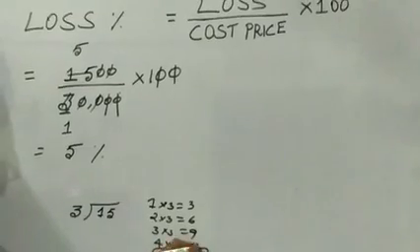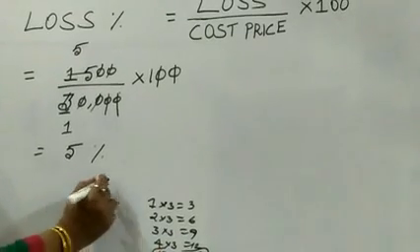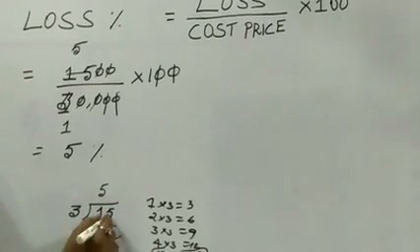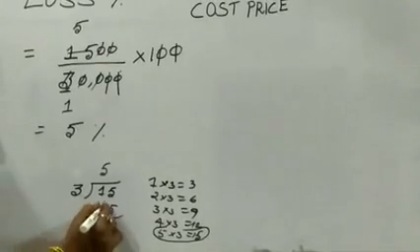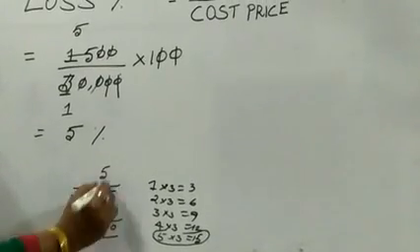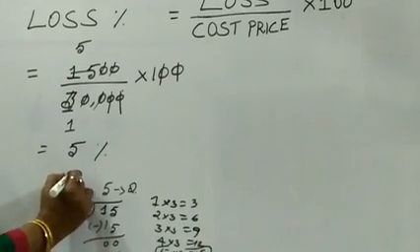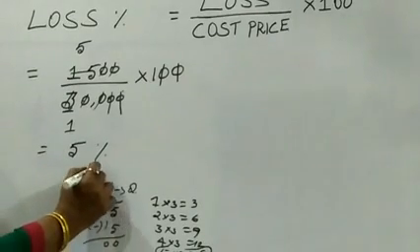So how many times? 5 times. So 5 3s are 15. Again I put the subtraction. You subtract: 5 minus 5 is 0, 1 minus 1 is 0. So the quotient you get is 5. So 5%. This one is another method, children.